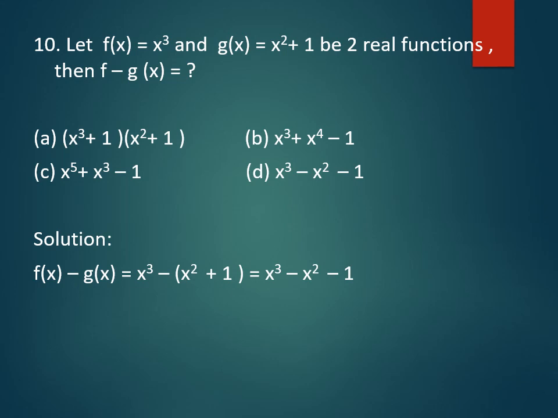So f of x is x cube and g of x is x square plus 1. Since there is a minus sign, multiply the minus sign here. So x cube minus x square minus 1. Therefore, the answer will be option D.